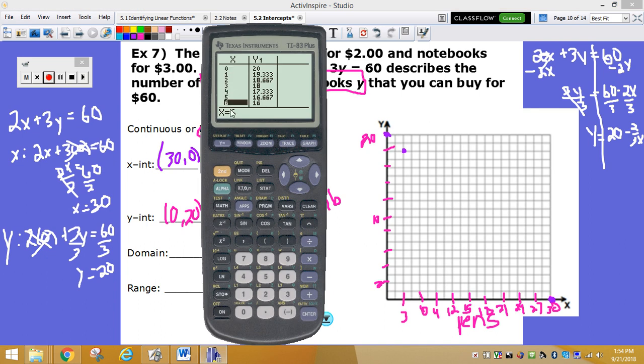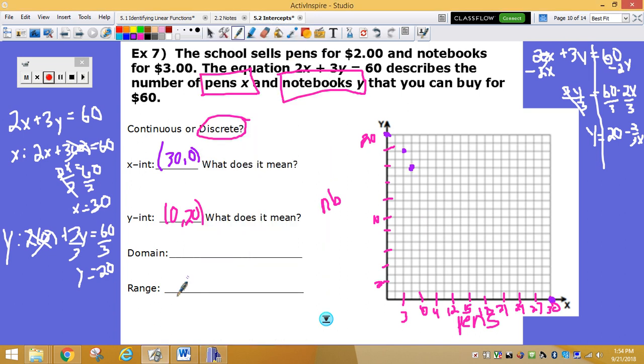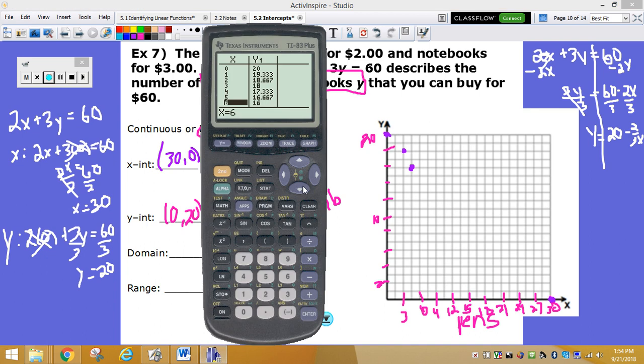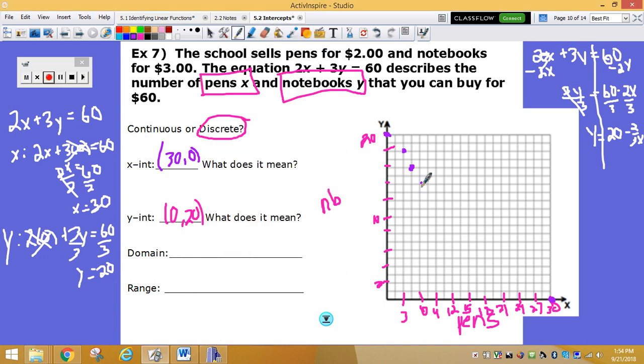Right here, I'm going to have a dot at 6, 16. So I'm going to go over 6. I'm going to go up to 16. All right, let's keep going. I'm going to have a dot at 9 and 14. And hopefully you see there's a little pattern happening here, right? Well, if I could plot points the right way.